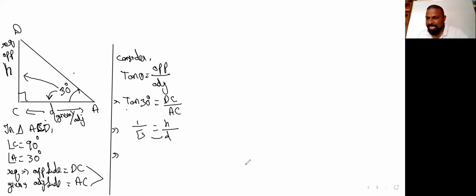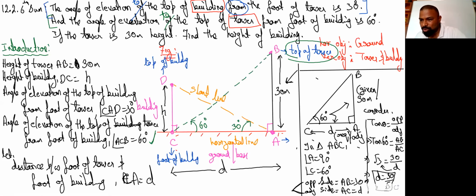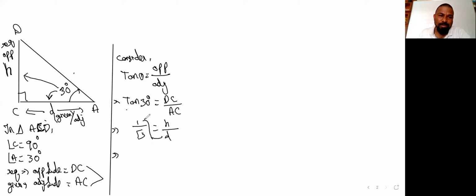Yes. D is nothing but 30 by root 3. But still, I like to cross multiply. H is equal to D by root 3. Right? Yes, we got the values now.